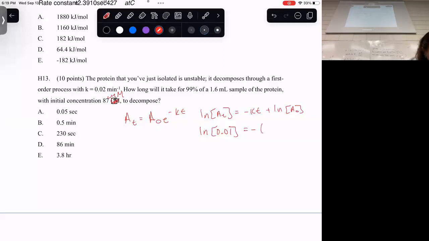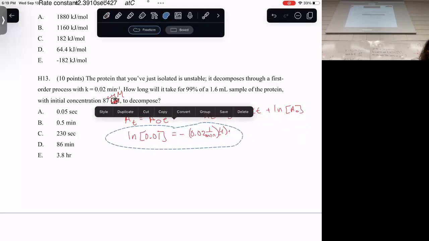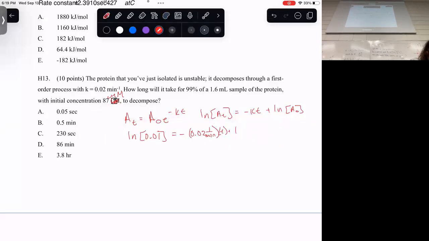What are our units? Yep, 1/min. Do we know what t is? Nope, that's going to be x. What is our concentration of A_0? It would be 1. Okay, so again, this just becomes solving for x. We're going to subtract ln of 1 from both sides.